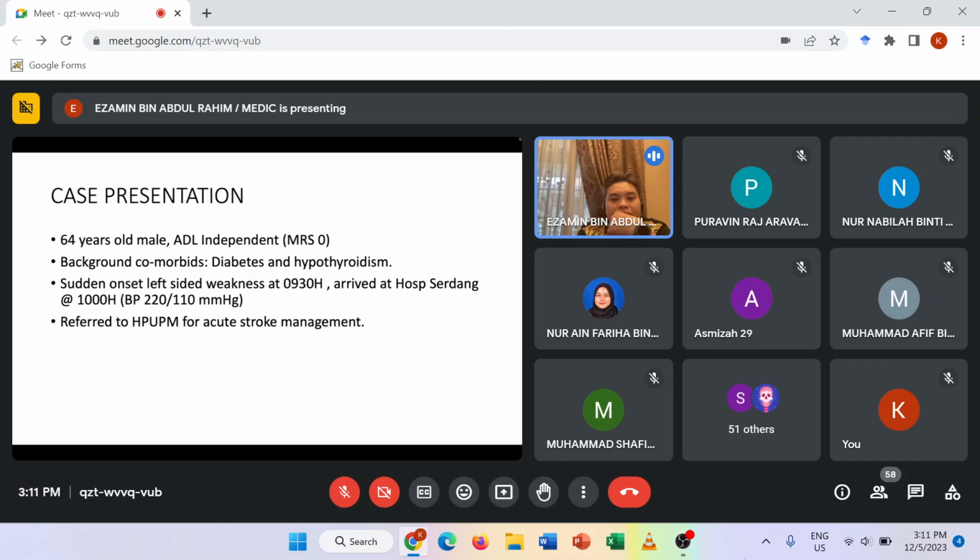The patient had diabetes and hypothyroidism. Onset was 9:30, and BP was 220 during the stroke. In our experience, during a stroke the BP is always high. Somehow, when the brain doesn't get enough blood supply, the BP shoots up.